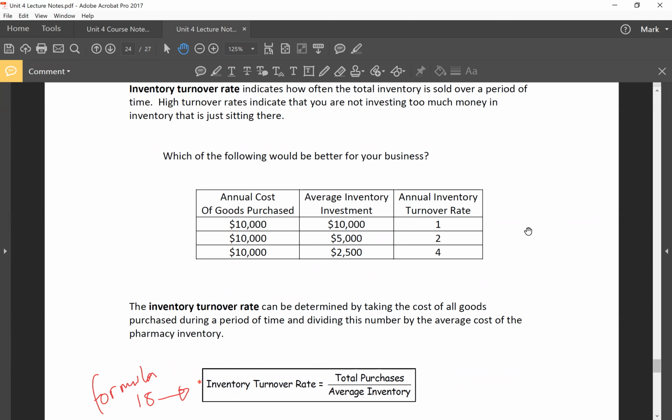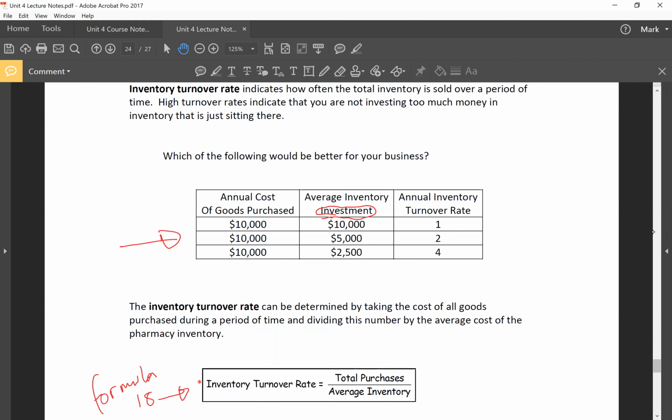Okay, sorry, I'm just trying to wrap my head around the graph here and how to explain it to you. So every year the annual cost of goods purchased is around $10,000. The average inventory investment, that's the money you put in your pocket.